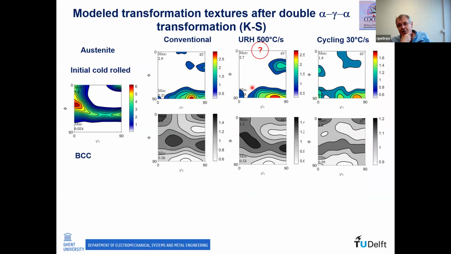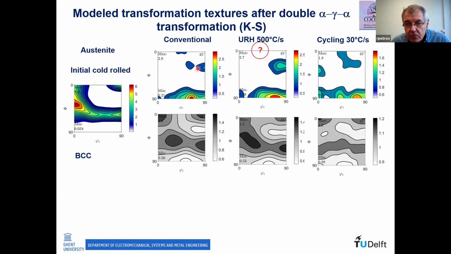To check if our hypothesis for suppressing the recrystallization is true, we tried some modeling exercise. This work was done by Tuan. I don't know if he's here and listening, but he made this exercise. What he did, he took the initial cold roll texture here, and then he applied the transformation rules, KS, and he calculated the texture of austenite, imposing after transformation also one recrystallization model, which gives preferential grain growth of specific orientations.